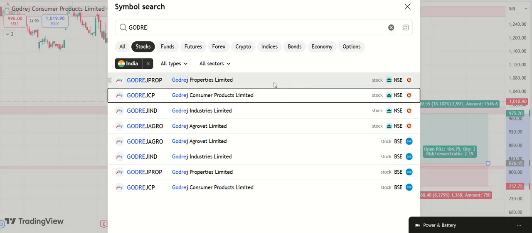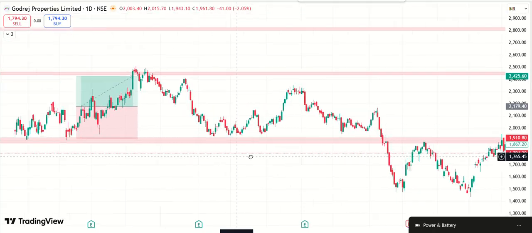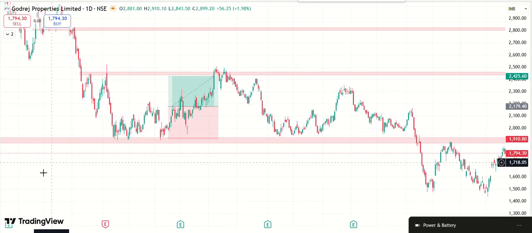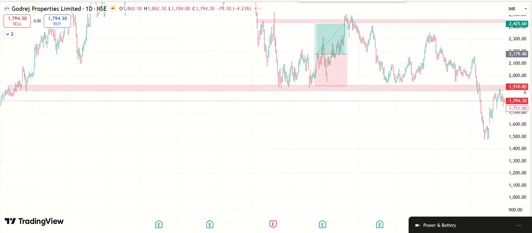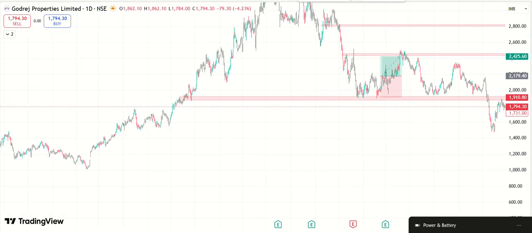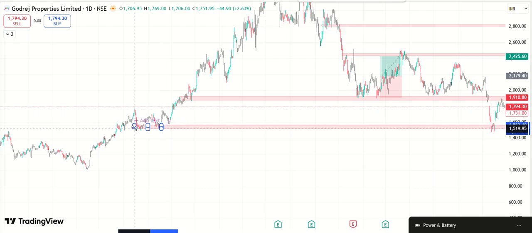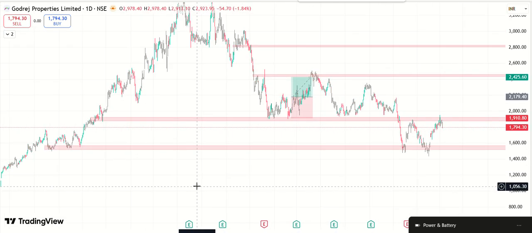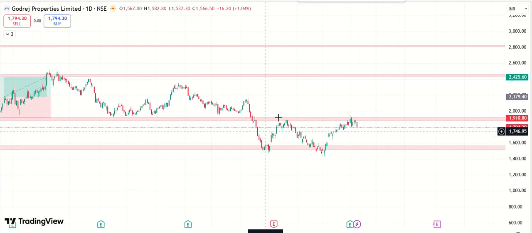Godrej Properties Limited. It gave a nice profit earlier, here. Net downtrend, gave a pullback again, broke the low, gave a pullback after the next resistance.